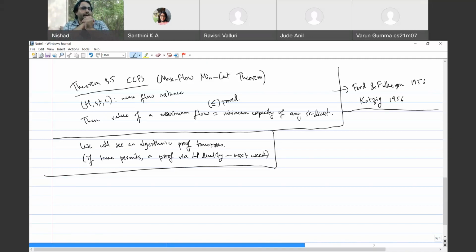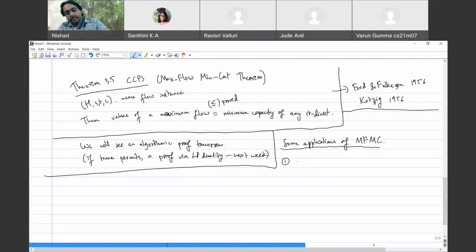Actually, there's a lot of applications of MaxFlowMinCut to get other theorems, which can all be formulated as flow problems, right? So I'll just state some applications since we have some extra time remaining. This is not an exhaustive list. I don't think I have the exhaustive list in my mind.